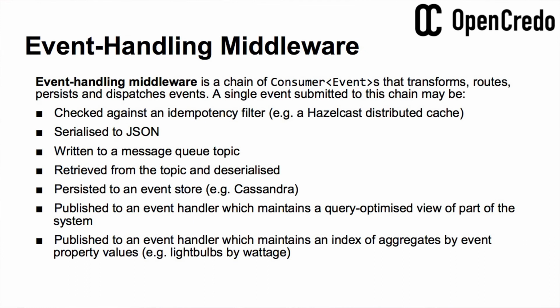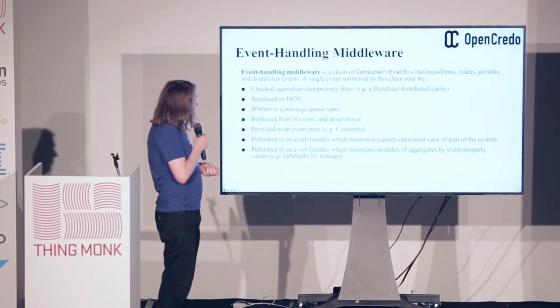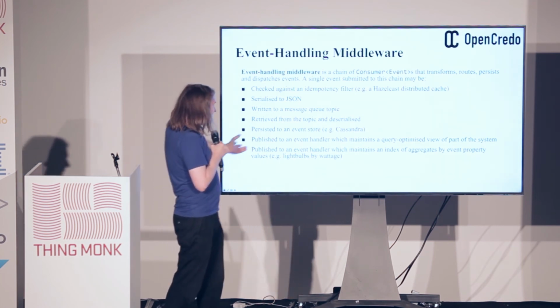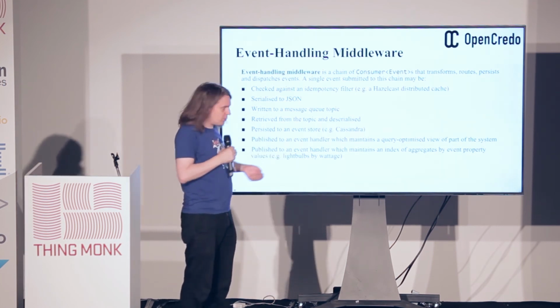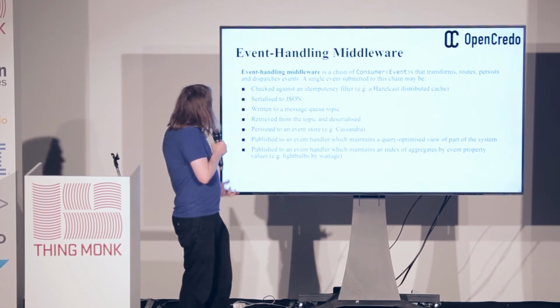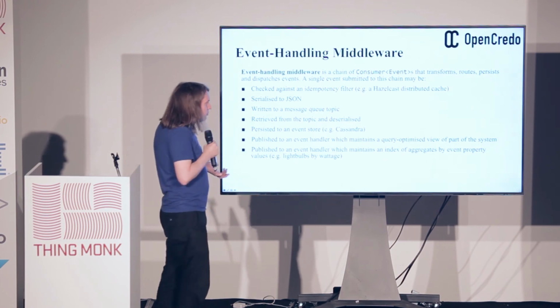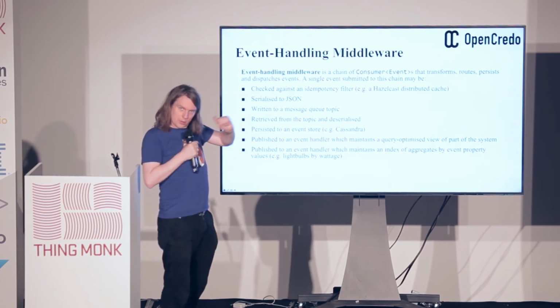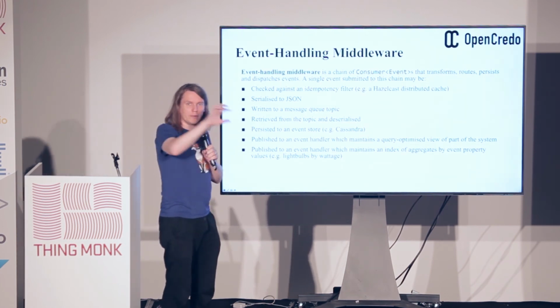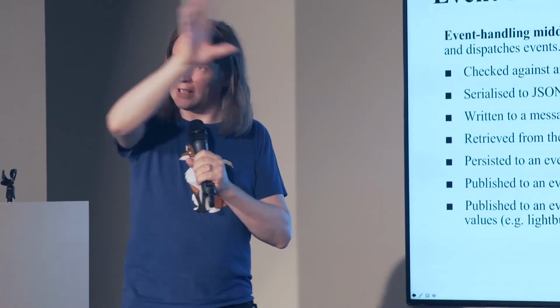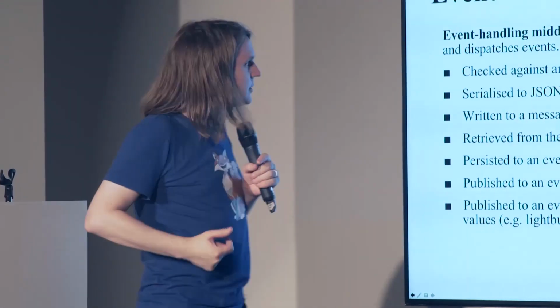It might be written to a message queue topic, retrieved from that topic and deserialized. It might be persisted to an event store like Cassandra. It might be published to an event handler which maintains a query-optimized view of part of the system. Or it might be published to an event handler that maintains an index of aggregates by event property. Let's say we want to be able to look up light bulbs by wattage. We observe all of the created events, we observe the wattages and the aggregate IDs, and we maintain an index.